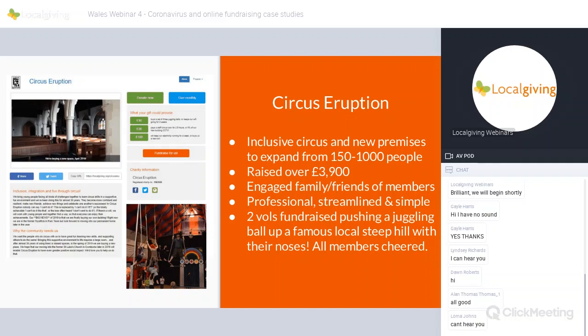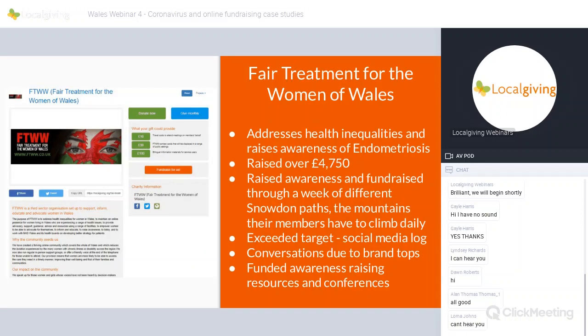And fundraisers like that not only vary what's going on, they're just fun and they engage people, and it makes it fun to fundraise for the members as well. So things like that can work really well when you're looking at fundraisers for your organisation. And if you can get the members to come up with their own ideas, then all the better as well. They're more invested in them then.